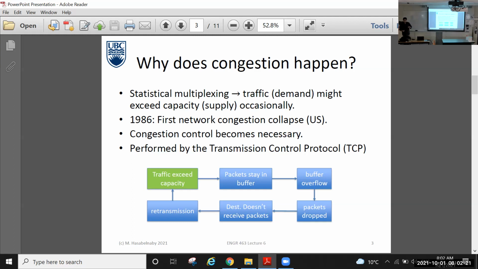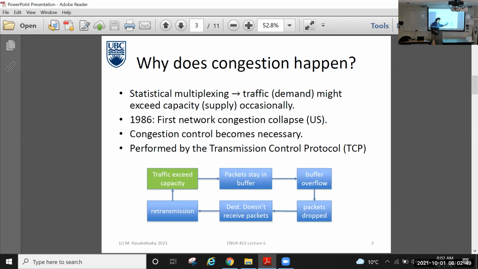And if the traffic demand exceeds the capacity of our communication network, this means that our packets will stay in the buffer. And if the buffer is overloaded, the buffer will have to drop some packets that exceed the size of buffer.